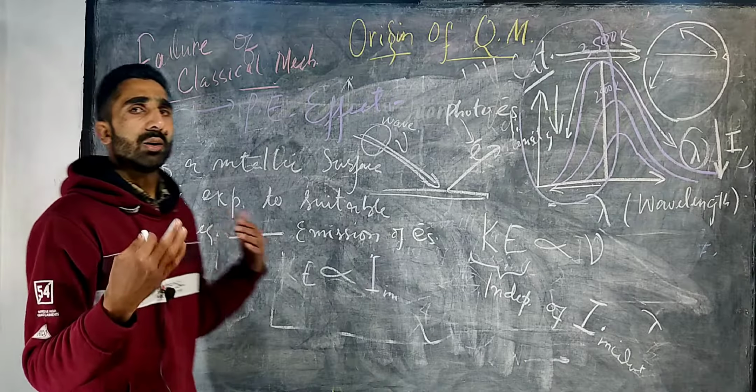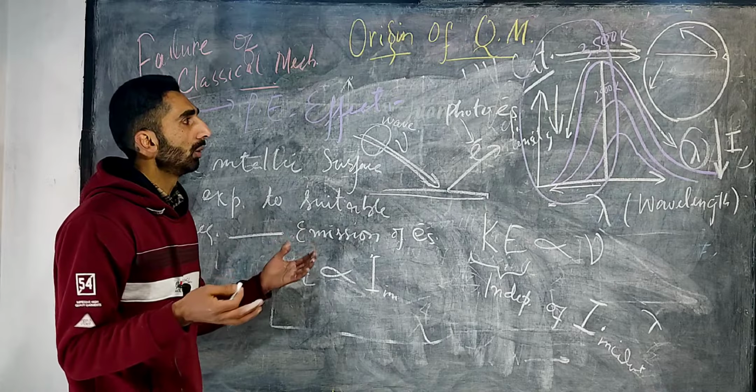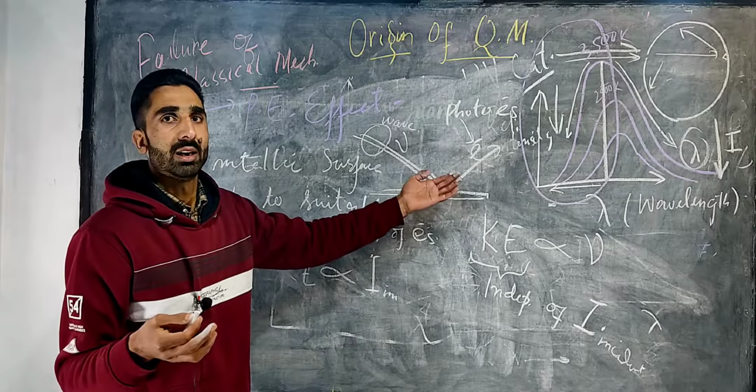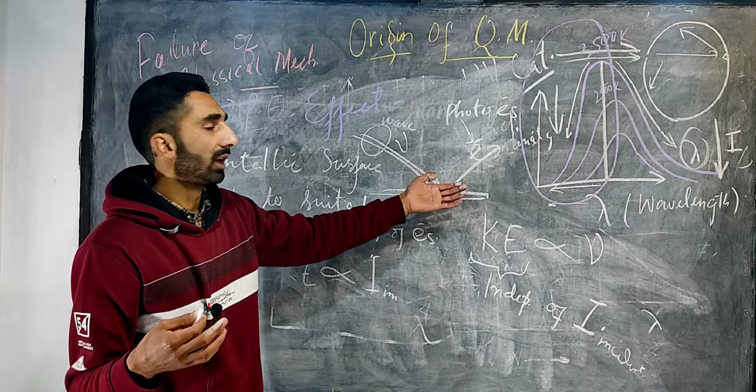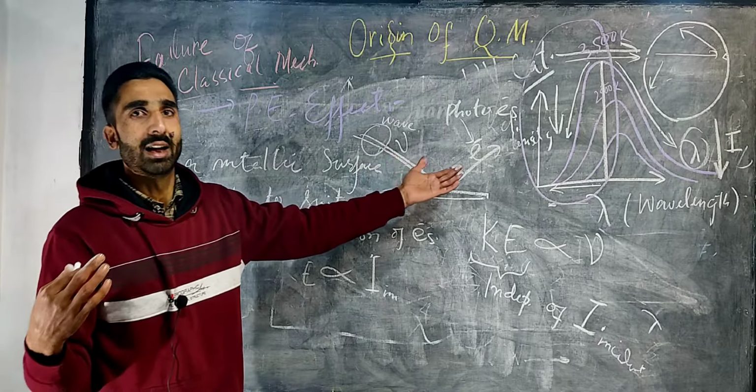So if we increased the intensity of the light, there should have been more photoelectrons emitting out of it, and more kinetic energy inside the electrons.